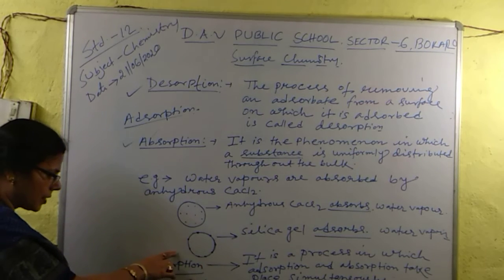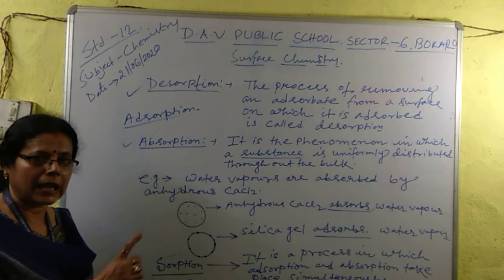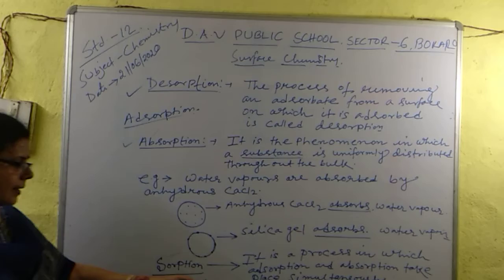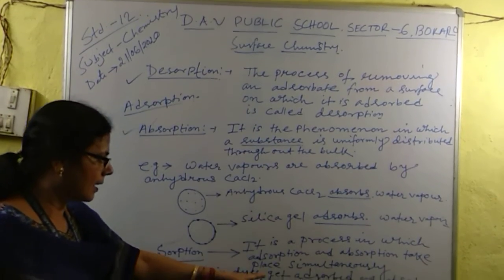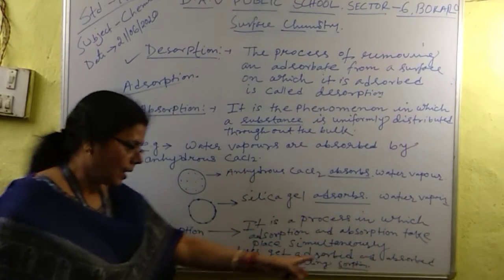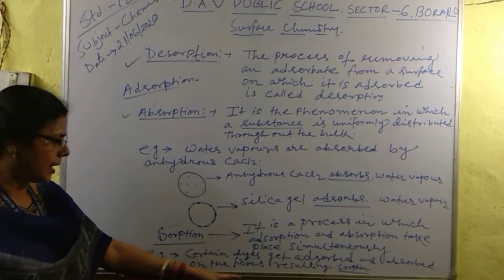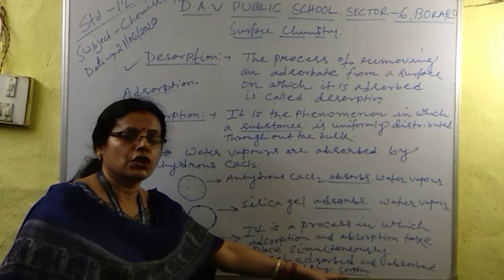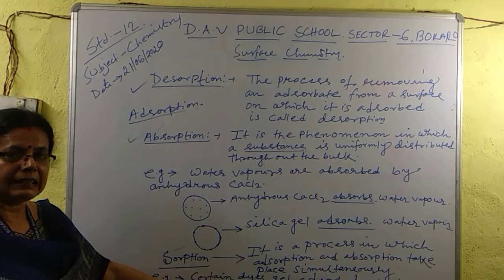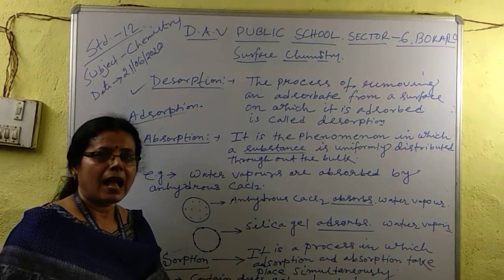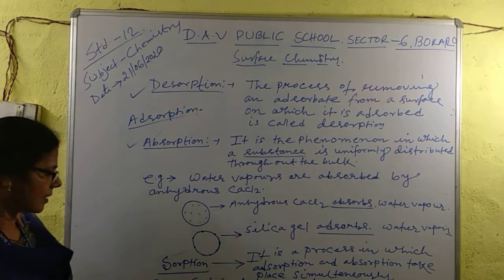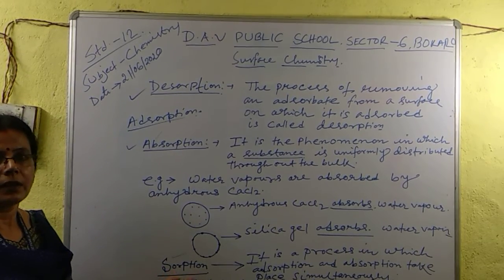Both processes taking place, one is adsorption, another is absorption. For example, certain dyes get adsorbed and absorbed on the fibers.